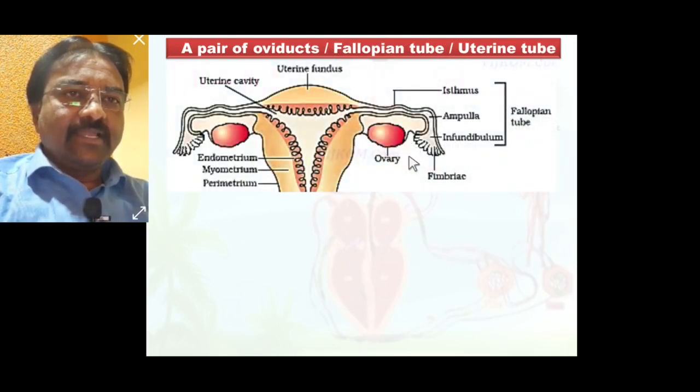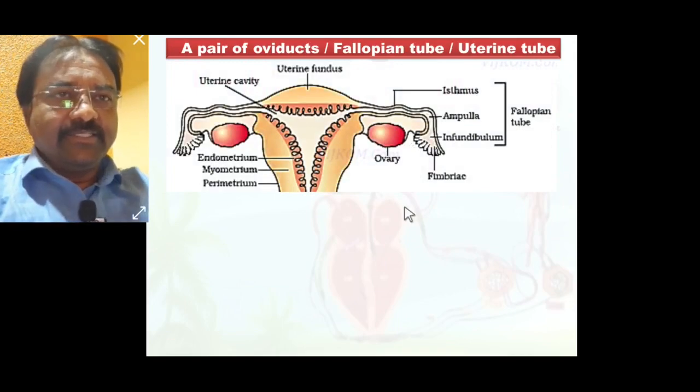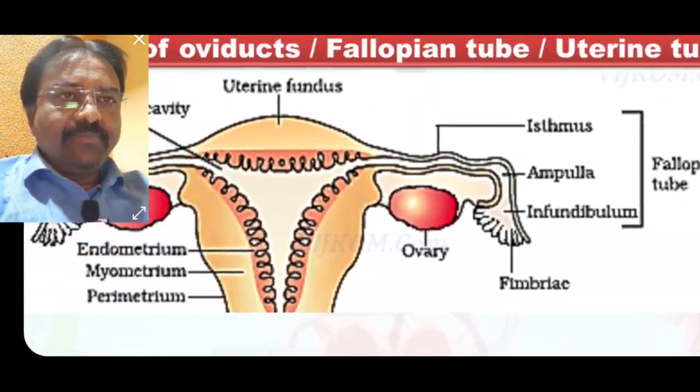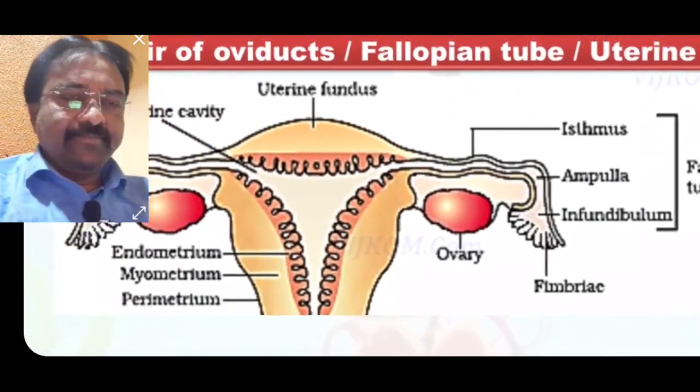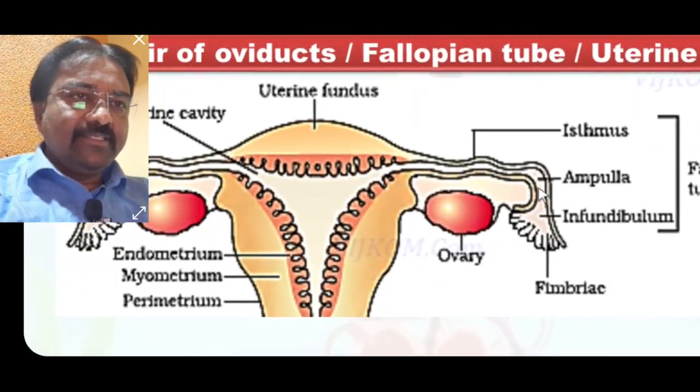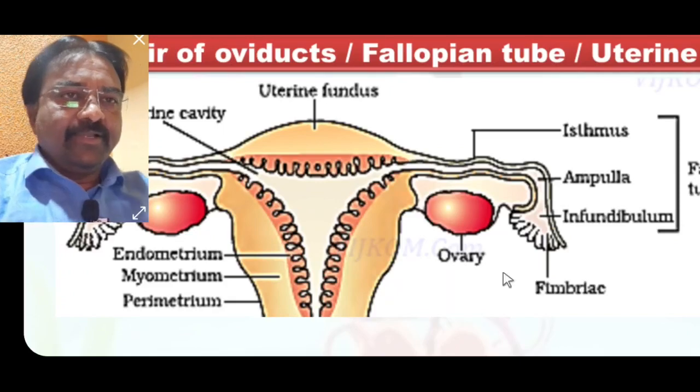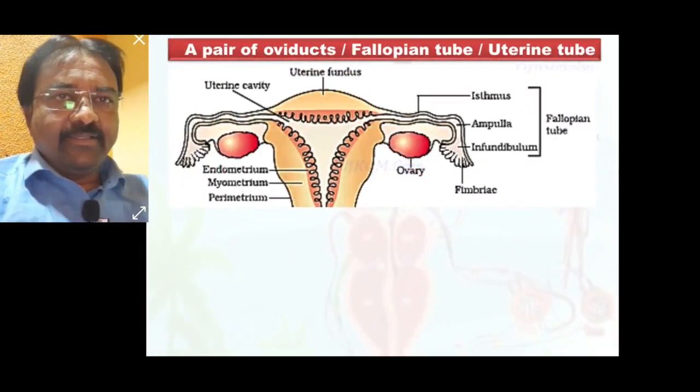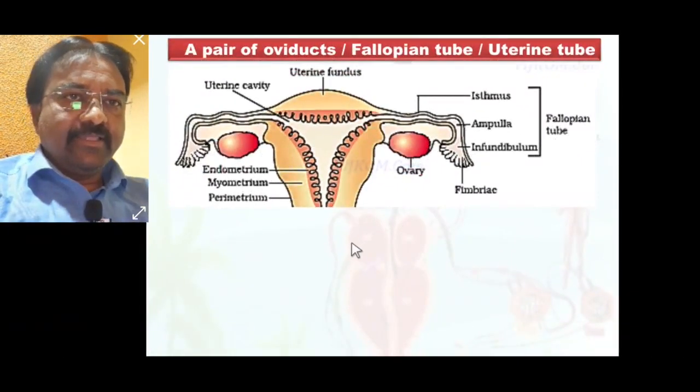Now this is the diagrammatic representation of the female reproductive system. Here seen, this one is the oviduct, which consists of different parts like infundibulum, ampulla, and isthmus, and they are in paired form.